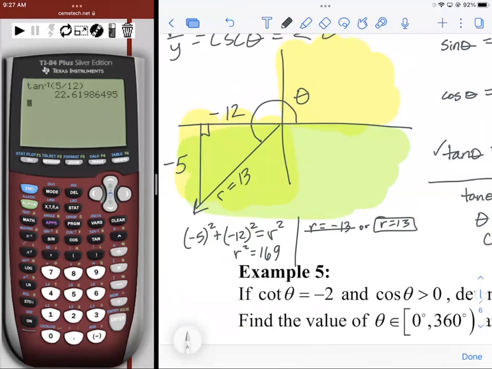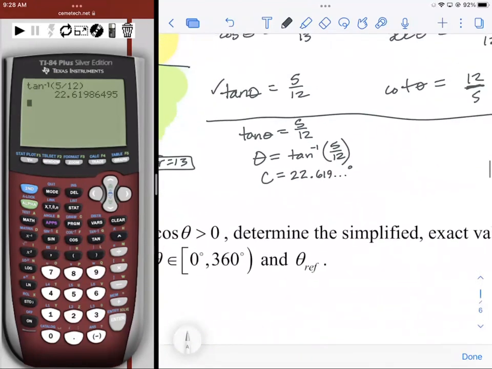No, no. So again, if you look at our first diagram when we shaded it, tangent was positive in quadrants 1 and 3. I told the calculator to give me an angle whose tangent is positive 5/12, and it gave me the one in quadrant 1. It didn't know I wanted the one in quadrant 3, but I can use the calculator's reference angle to find mine.